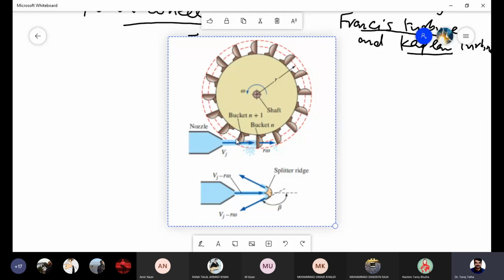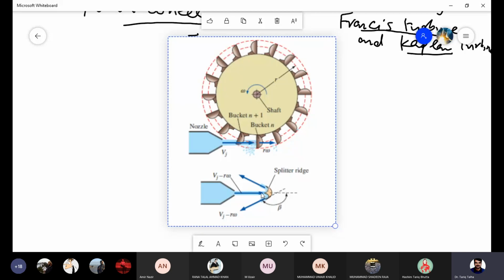strikes the blade, if we see this blade from the bottom side, we can see a splitter arrangement here. What does it do? Whatever water is coming here, half of the water would go in the reverse direction in this way, and half of the water would go in this way. So we usually have this splitter plate.